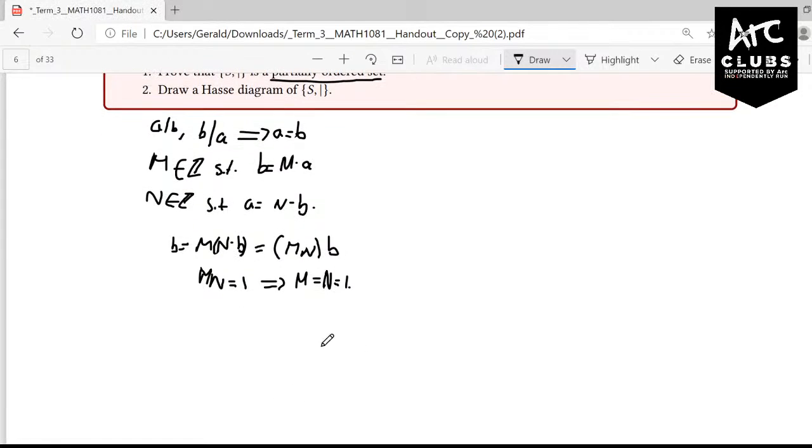And so from here, what we can conclude is that A equals B, and this also means that B equals A, or the other way around.